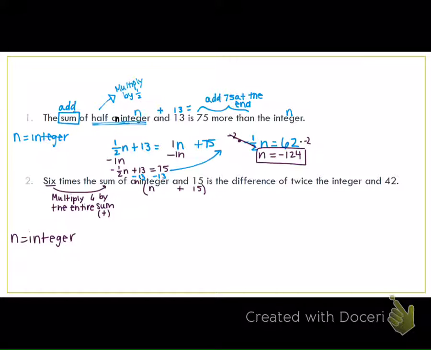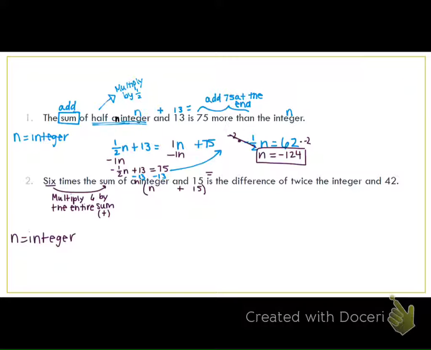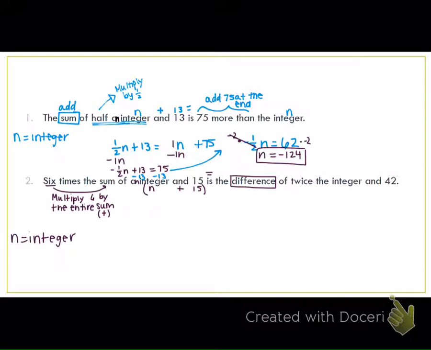Jennifer, what did we say is meant? What does is mean? There you go. Is equal to the difference. Peyton, what's the difference? Subtraction. So we need to subtract here.